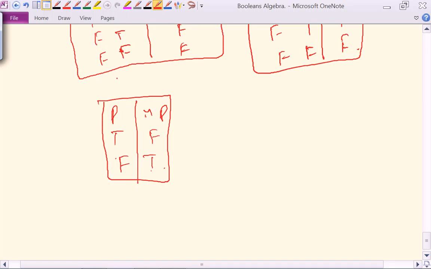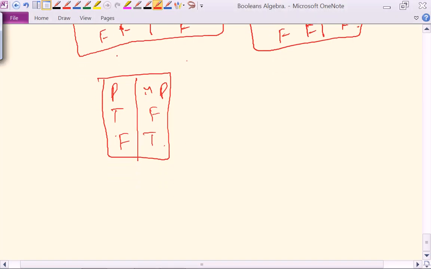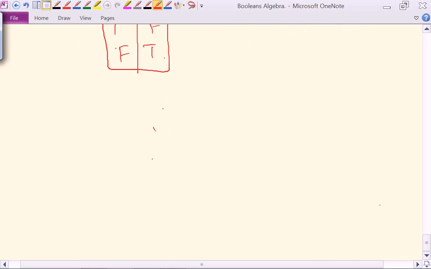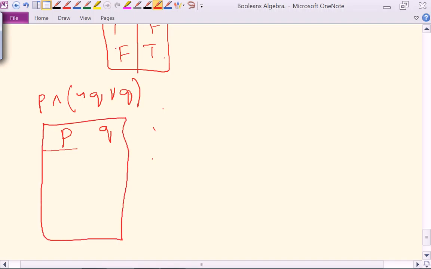Now let's do a little more complicated one, which comes in exams. We have a compound proposition and we want to make the truth table: P and (negation Q or Q). Since I have only P and Q, I first write the combinations: true true, true false, false true, and false false.